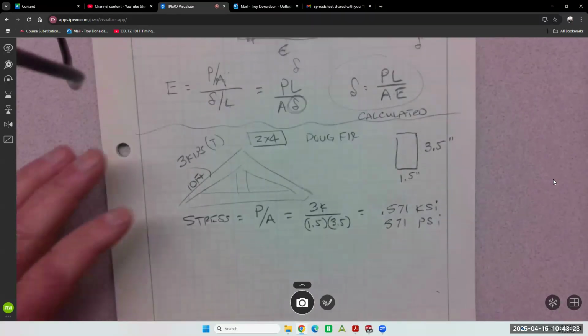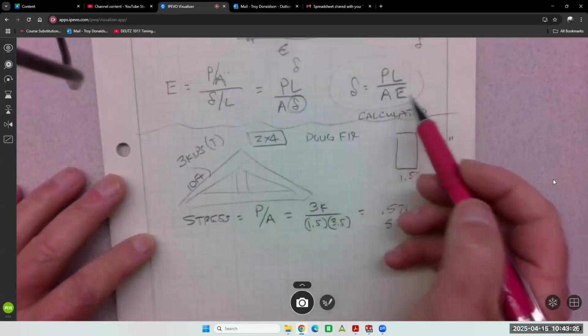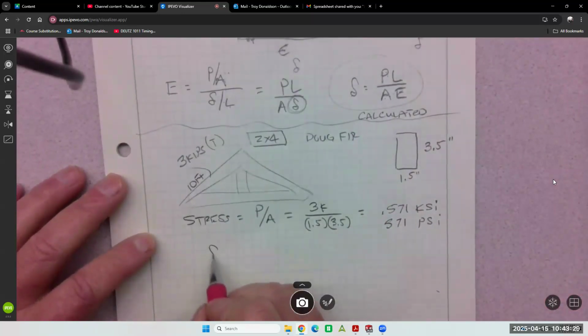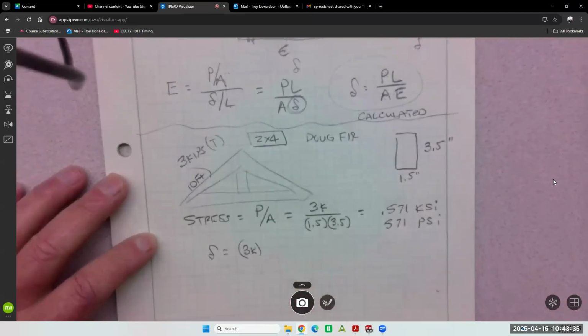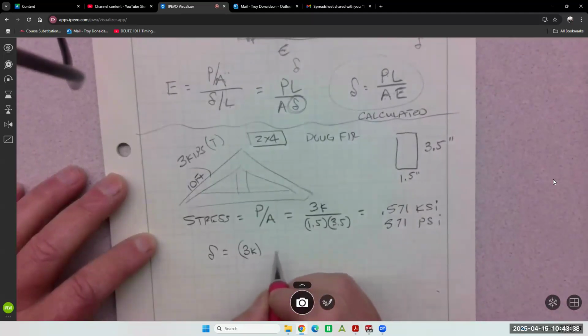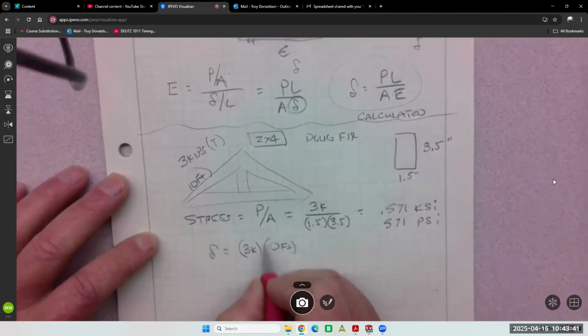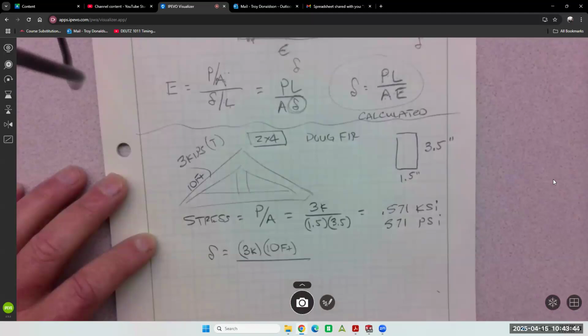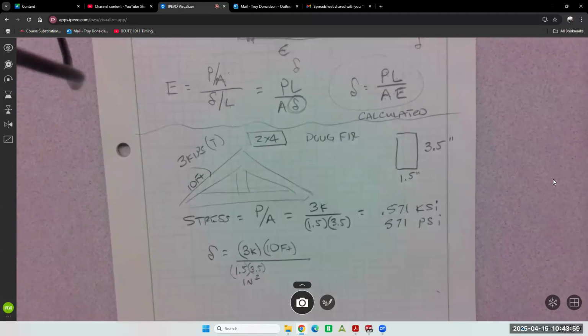So that means we can do our new formula, PL over AE. Our length is 10 feet. Our area, that's in inches squared. And we need an E value for Doug fir, right?